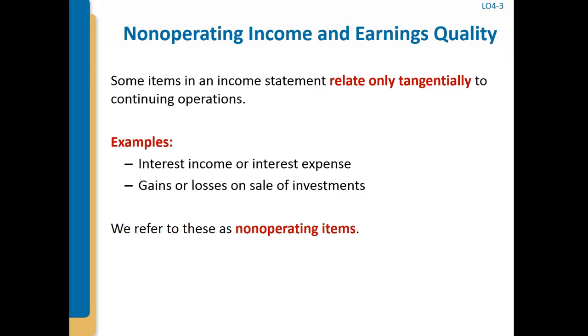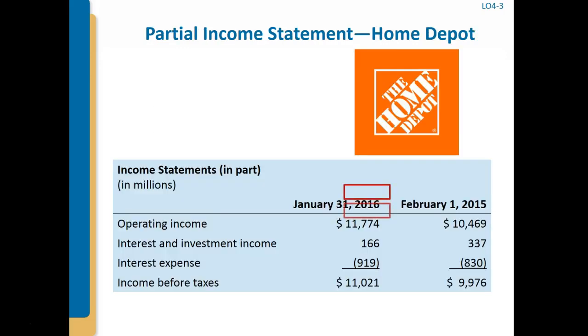You see, investors need to understand that some of these items may recur, like interest expense, while others are less likely to recur, such as gains and losses. So this slide shows Home Depot's partial income statement, and it shows two non-operating amounts reported after operating income.